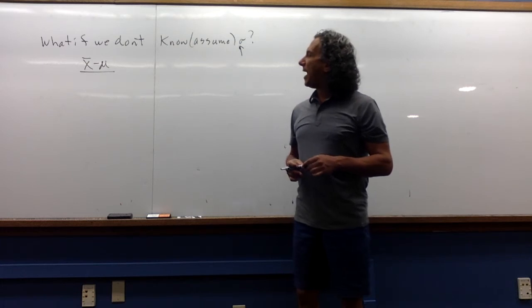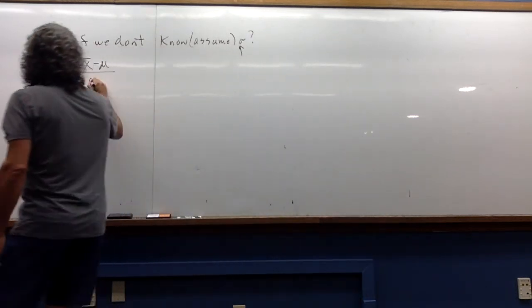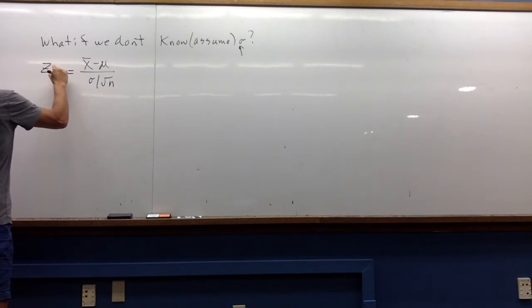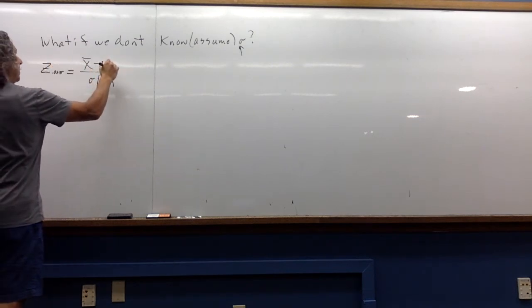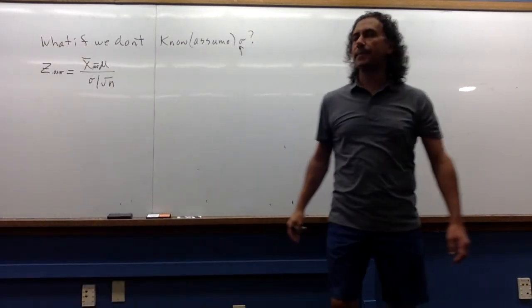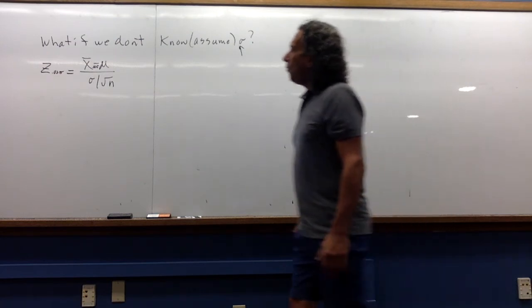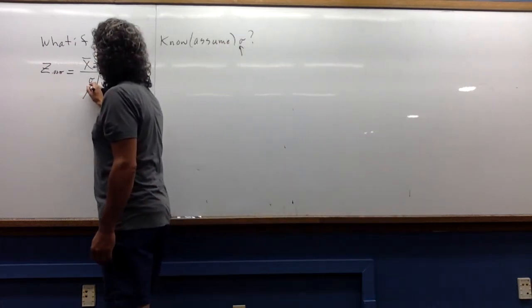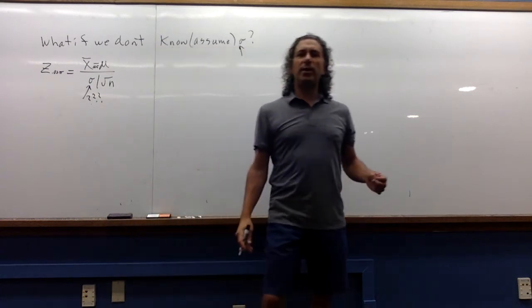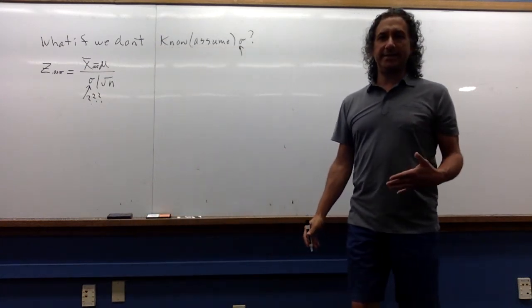Okay, so this was what we had, and from this we were able to get a z-value. So now we don't know this guy. So what we're going to do is we are going to estimate it.